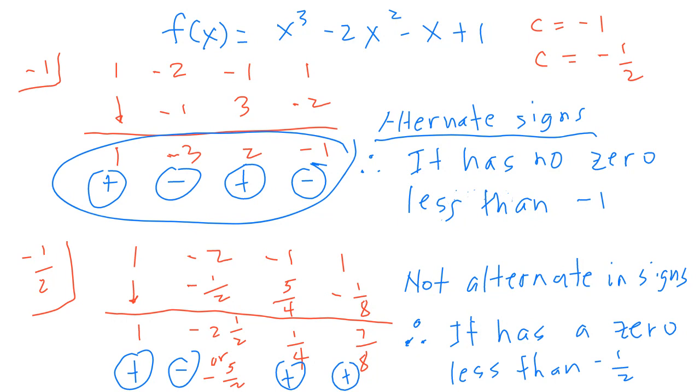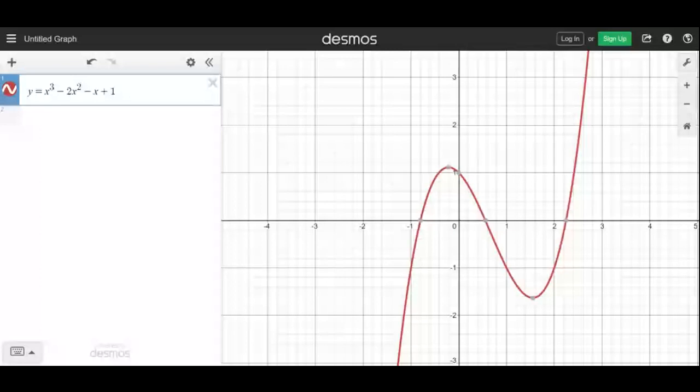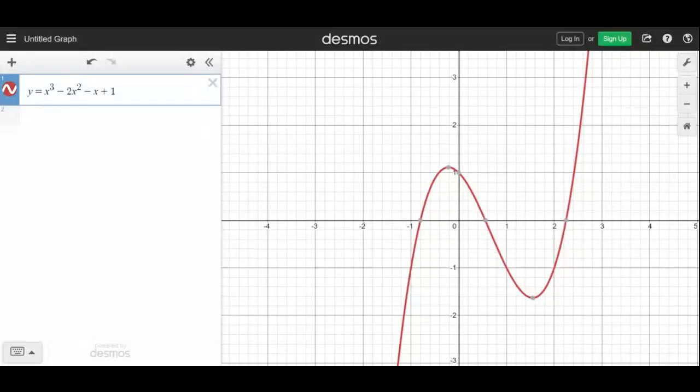Okay, so note the values here. I can show you the graph again. We have a negative 1 and a negative 1/2, and we have this f of x. Okay, so here's the graph.